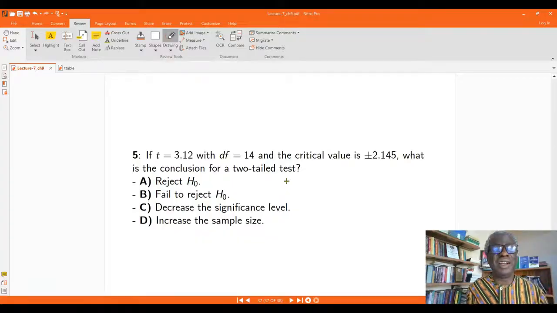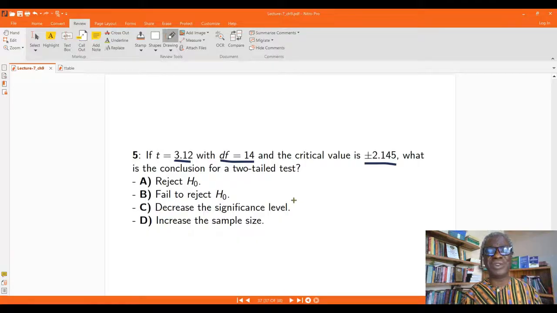Finally, if your computed t is 3.12, degrees of freedom is 14, the critical value that you obtain from the table is 2.145. What is the conclusion for a two-tailed test? So remember, A, reject H naught, fail to reject, or increase the sample size.